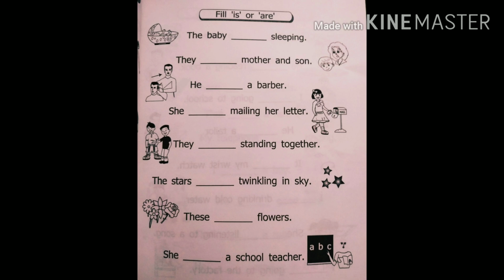Then she dash mailing her letter. So she is also a singular person. So we use is. She is mailing her letter. Then they are plural. They dash standing together. They are standing together. The stars are plural.